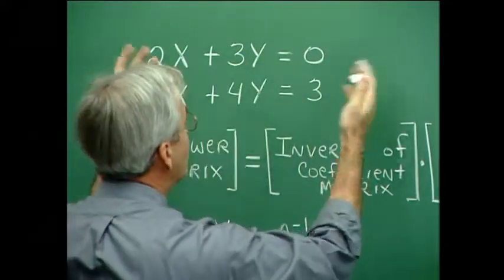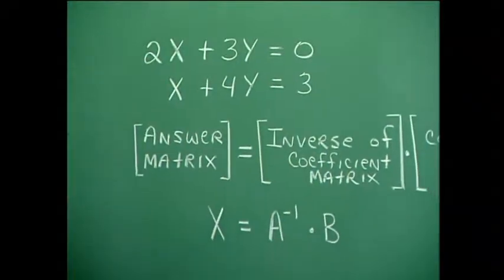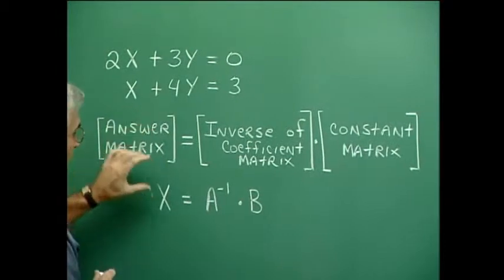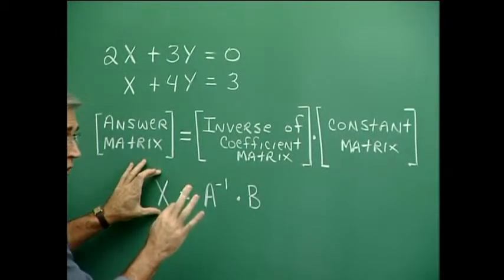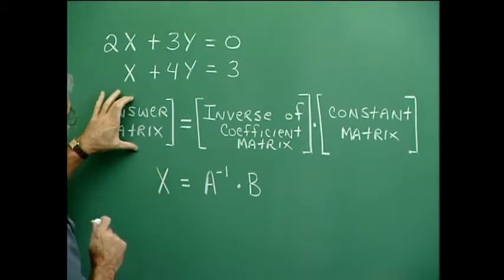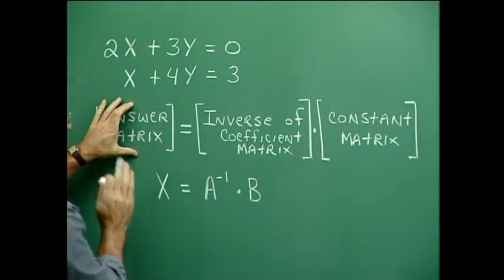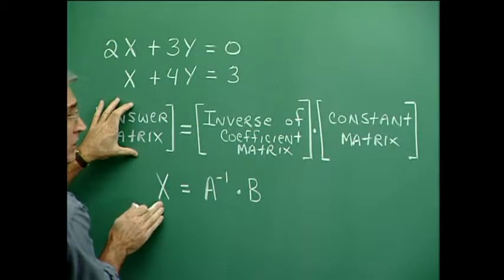All right, now it turns out to find the solution, in the matrix world, it is that the answer matrix, which we'll designate as X for unknown quantities. Now this answer matrix will contain value of X, value of Y, and I'm calling it the X matrix because of the unknown idea.